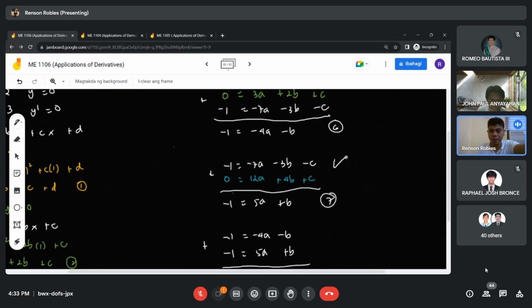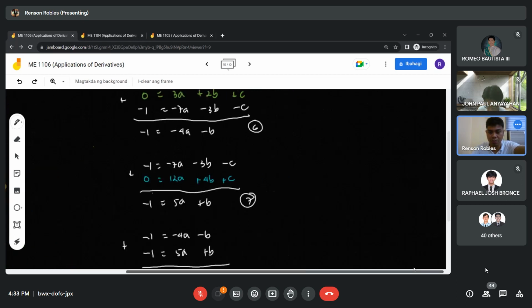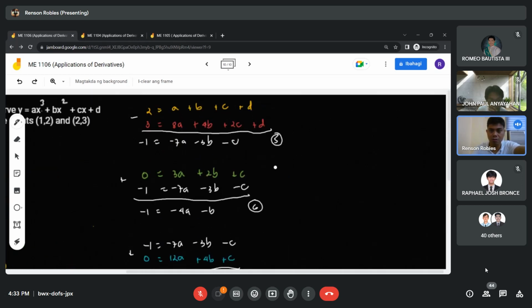Then you can just choose from any of this then to solve for c. I'll be using 0 na lang, yung may 0. 0 equals 12a plus 4b plus c. 0, 12, negative 2, I think.